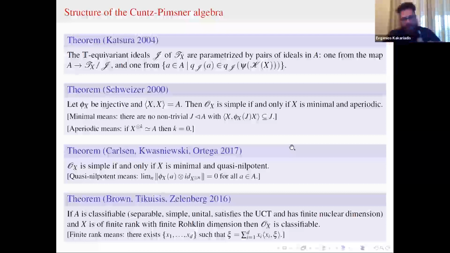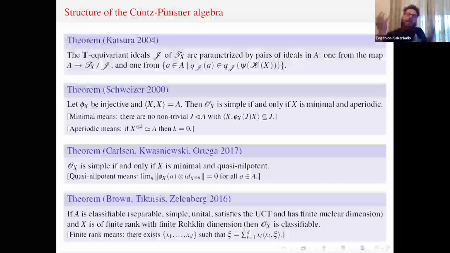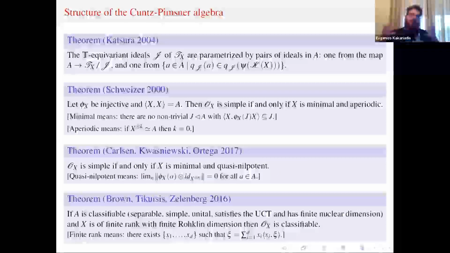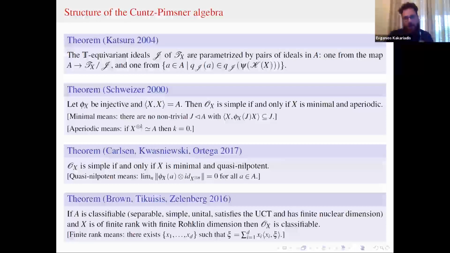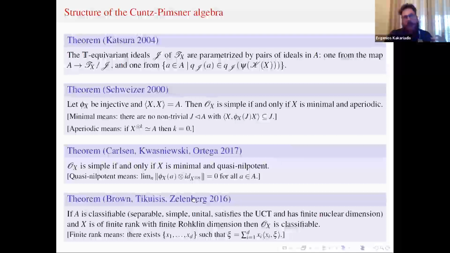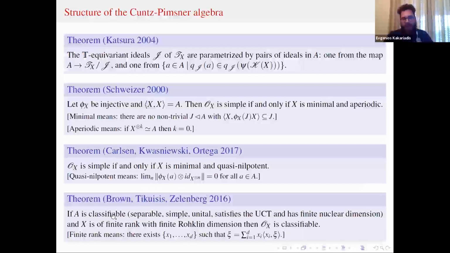Then in 2016, Brown-Tikuisis-Zelenberg provided a nice theorem that says that if I build an algebra from classifiable blocks in an amenable way, then I expect to have something that's classifiable. So properties of A do pass to properties of OX in this nice way.